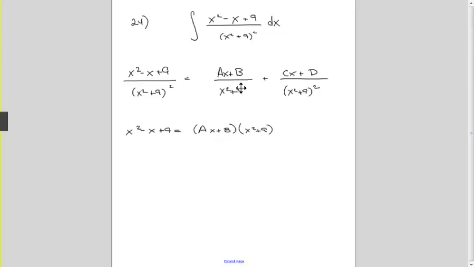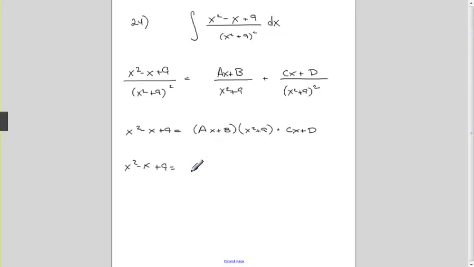So that'll give us the correct common denominator, and then we add the final two terms. Now, we're going to multiply everything out, and group the terms according to, in this case, x cubed, x squared, x, and the constant. Before we do that, we have to multiply everything out.